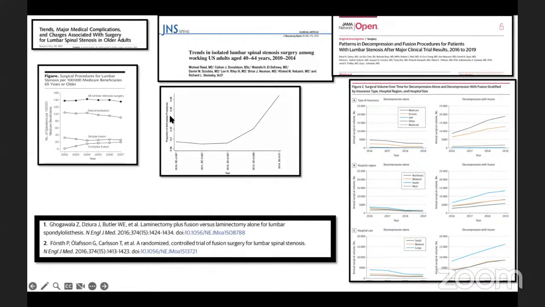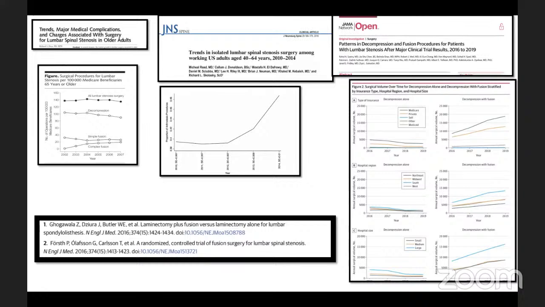It will be very difficult to say why more fusions, but we are seeing it. At the same time, equally good results with decompressions only have been seen. We are also seeing the other side now: the more and more fusions we are doing, the more and more adjacent segment problems we are seeing. So we do not know which way we are going.